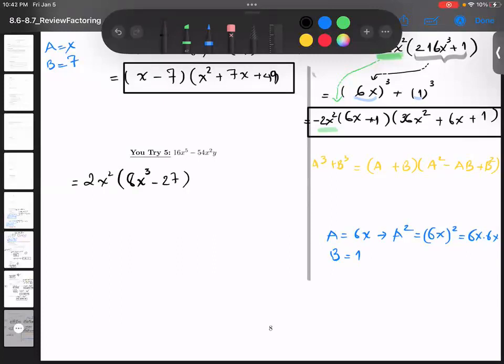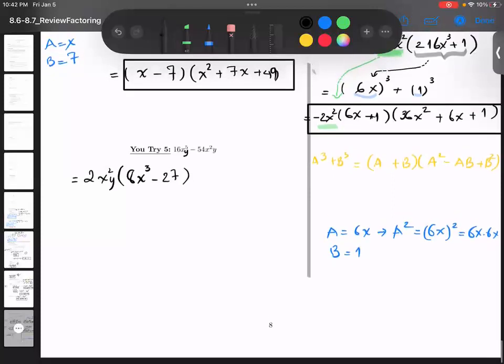I make a mistake here too. I meant to put a y there. 16x to the fifth times y. So I have to factor out a y as well. So what remains is just 27.